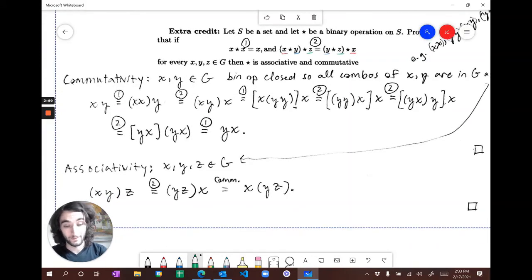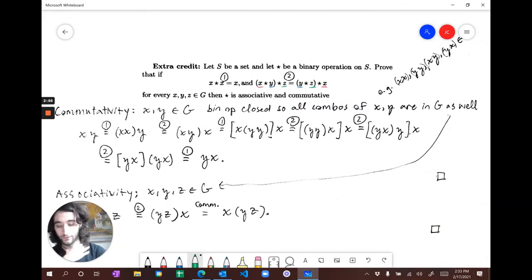So at the beginning, they're trying to show that it's commutative, so that xy equals yx. And here's what they did. So first they labeled these two properties 1 and 2, which is great. They used property 1 to turn that x into an xx. And then they used property 2 to look at it this way.